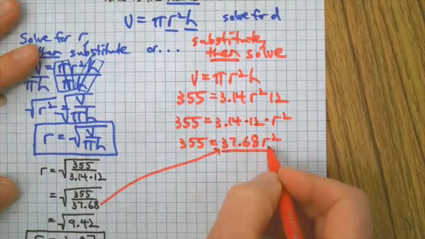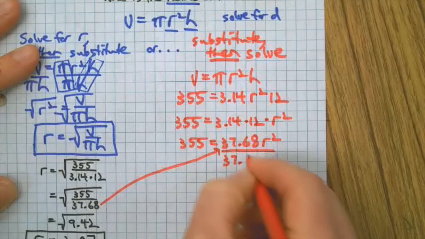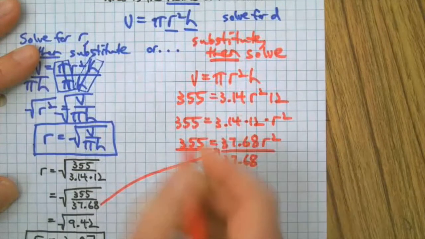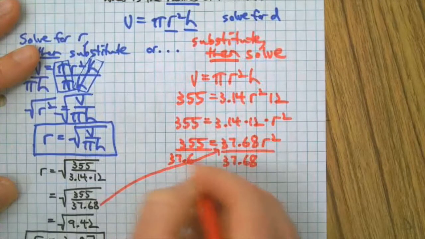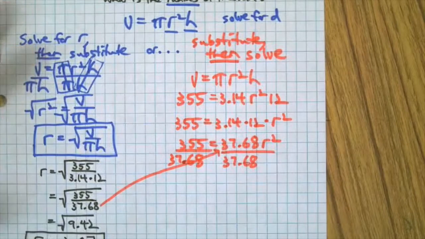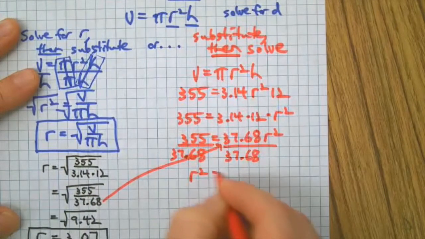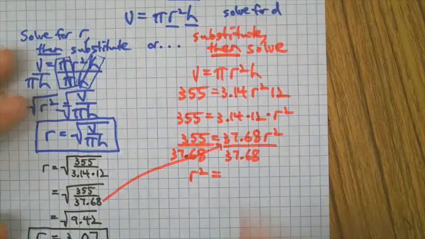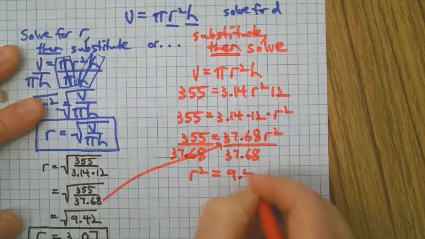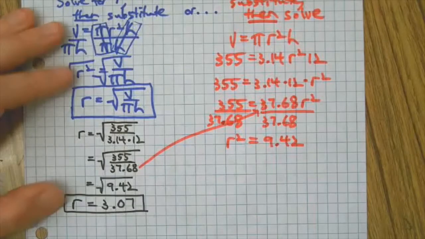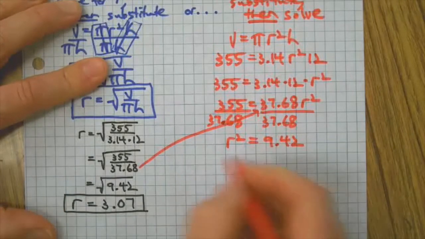Okay, and then that's the coefficient of the radius squared. So we divide both sides by that. Are you having flashbacks from algebra? I hope so. Okay, now we're just going to begin this isolation process here. Oh, is it looking familiar? I hope it is. Side-by-side comparison. Do you see how this is the same? We're going to get the same answer.